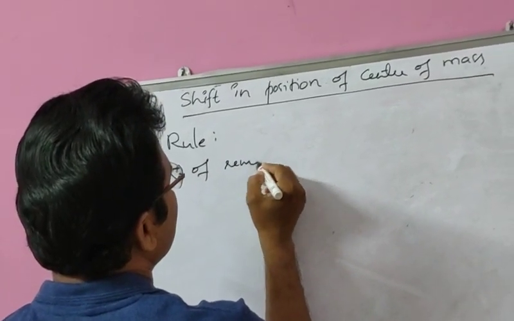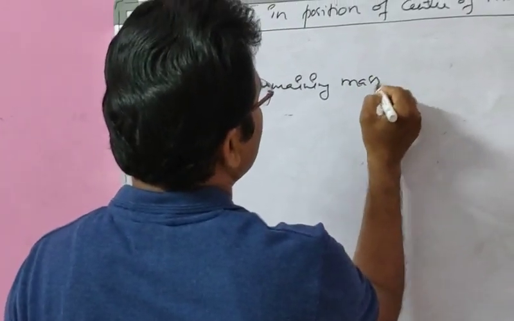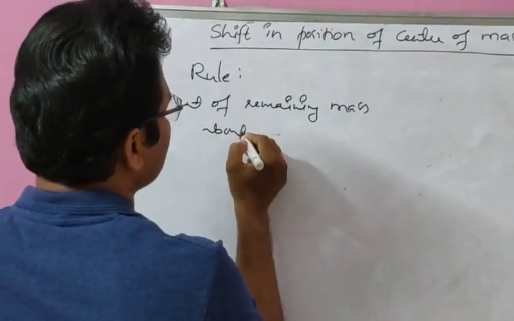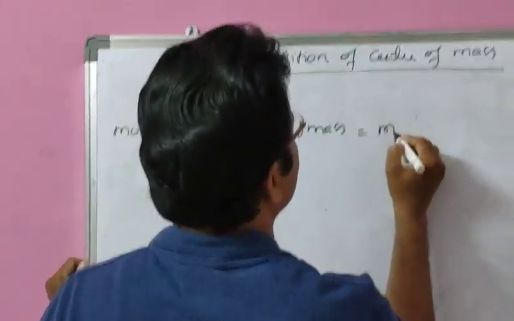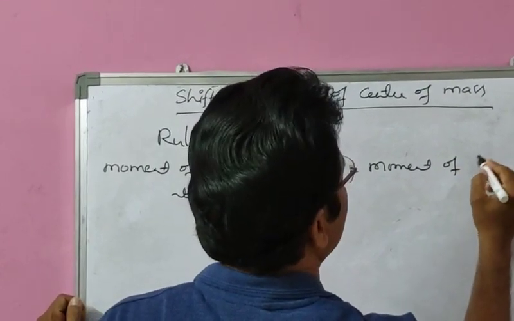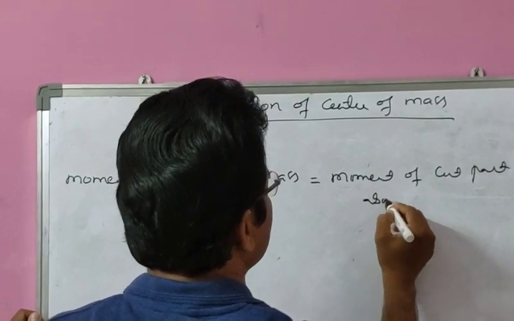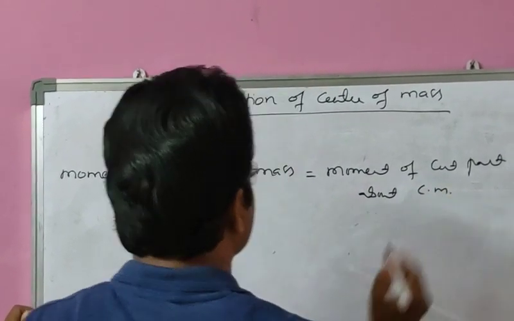Moment of remaining mass about center of mass equal to moment of cut part about center of mass.